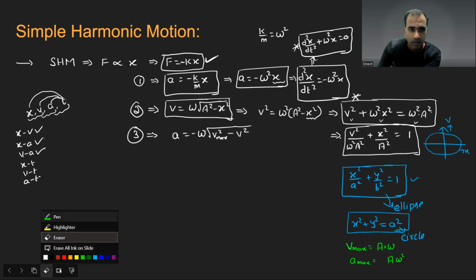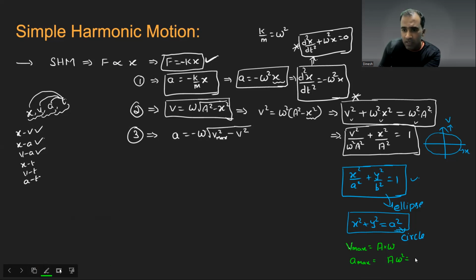Or we can also write it as omega times maximum velocity. If you know maximum velocity, just multiply with omega to get maximum acceleration. If you know maximum velocity, just divide with omega to get maximum displacement. Simple stuff, simple relations. Okay, very good.